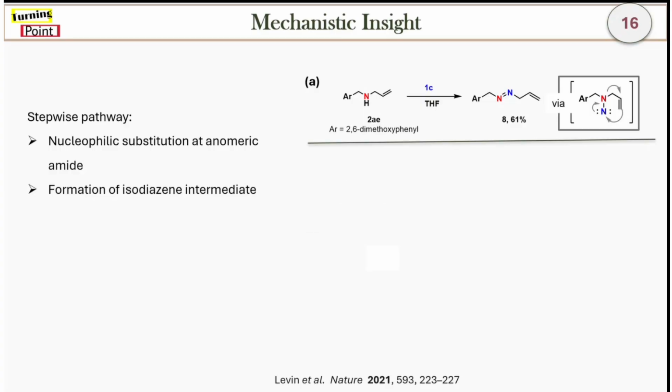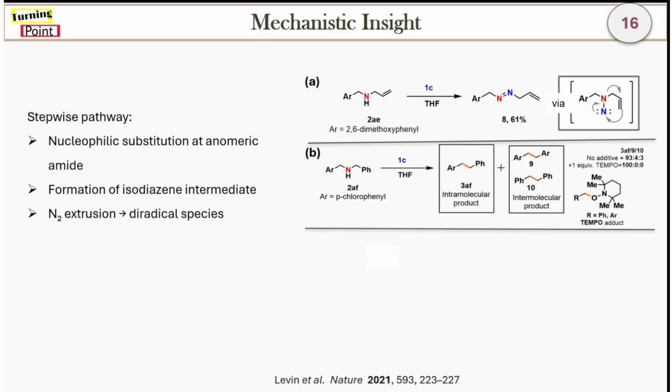Then to prove the next step, that after N2 gas is released it forms a diradical coupling, they took this unsymmetrical secondary amine. So in this case, we can see that when there is no TEMPO, it gives 93% of this intramolecular product, and another 7% is this intermolecular product.